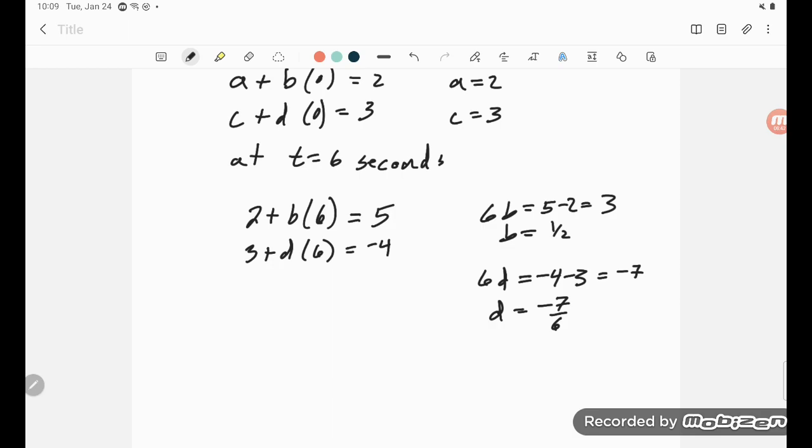And so we put those together, and we would have X is equal to 1/2 T plus 2, and then Y is equal to negative 7/6 T plus 3.